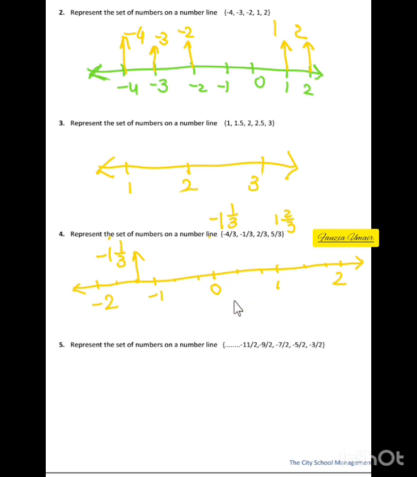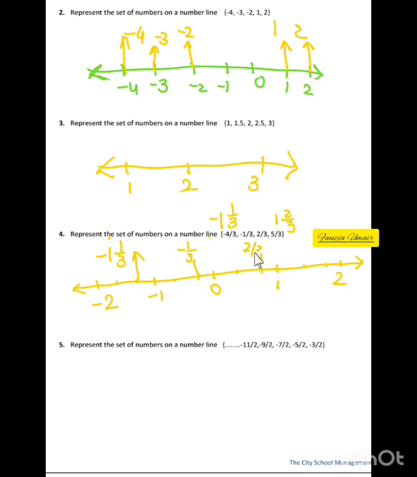Then -1/3. -1/3 is between 0 and 1. So here it is, -1/3. Now my 2/3. 2/3 would be here close to 1. This is your 2/3.